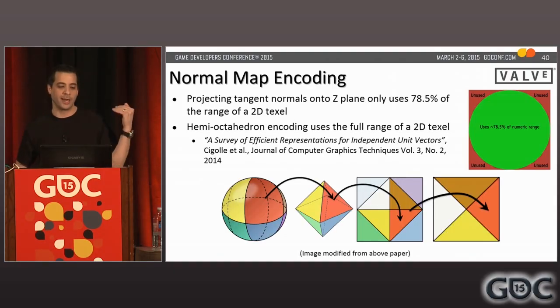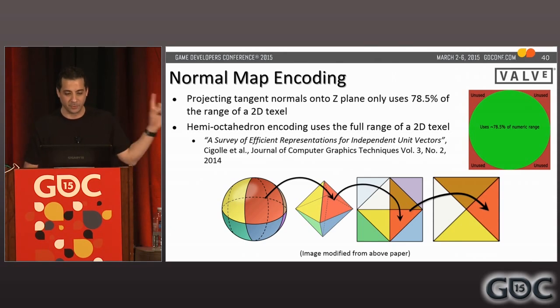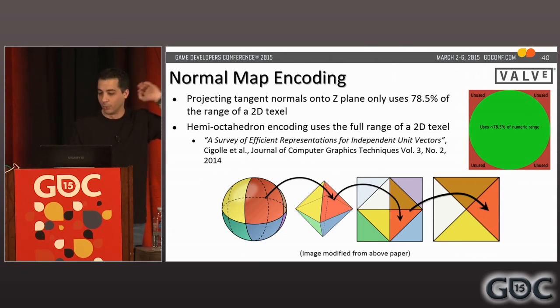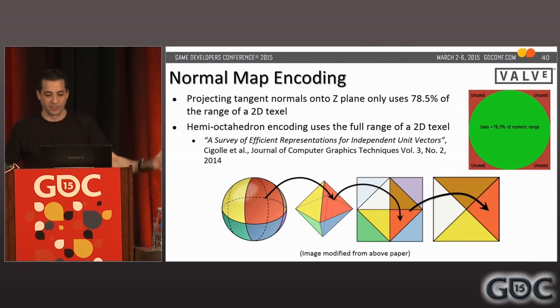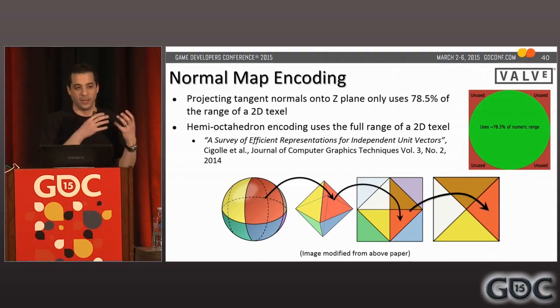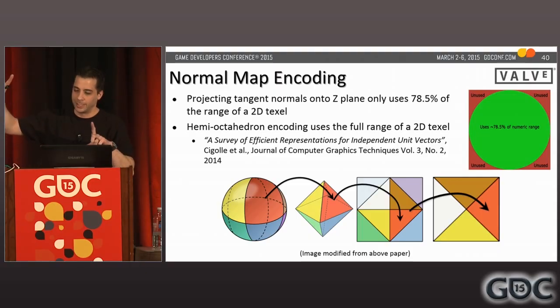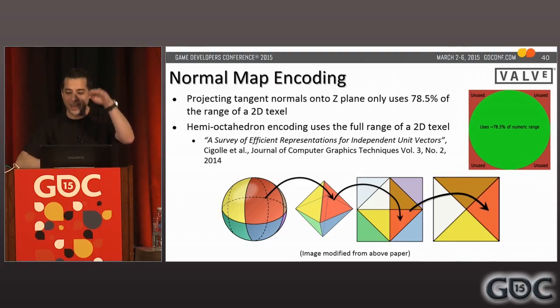Instead, what we're doing is using a hemioctahedron encoding, which I got from this paper from the Journal of Computer Graphics Techniques. Read this paper, super interesting. It was just published last year. The idea is that you take all the normals that can be on the surface of a sphere, and you can map that onto an octahedron. You can unwrap that octahedron into a 0 to 1 texture space, and then we can take that center diamond, which actually maps to the top half of the octahedron, which is exactly what we want, which maps to the top half of that sphere, and rotate and scale that out to fill the 0 to 1 range.